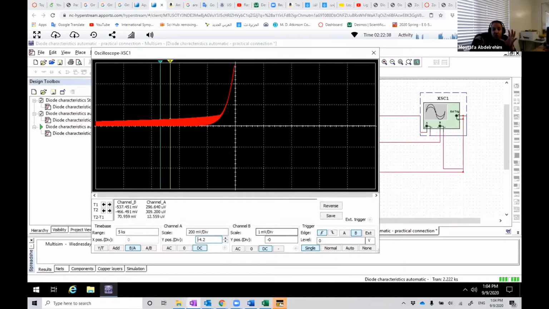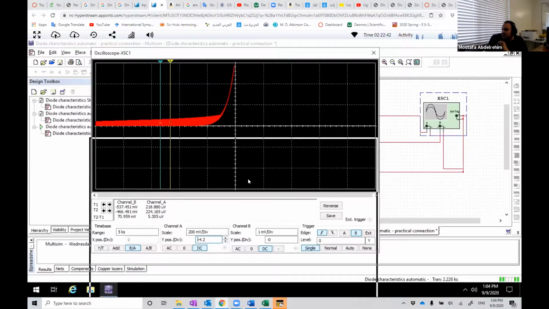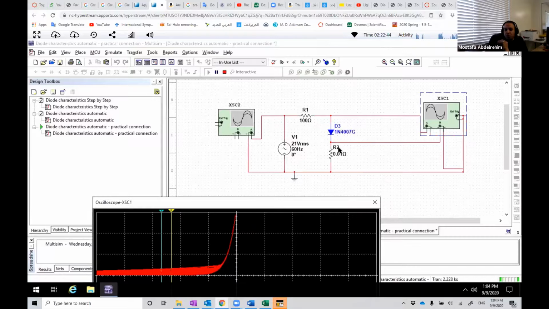This will give you the voltage across the resistance R2, which is 0.01. So we have a voltage now. To convert it to current, we should divide by this value, 0.01. Now I will change the share screen to my OneNote so you can see my calculations.